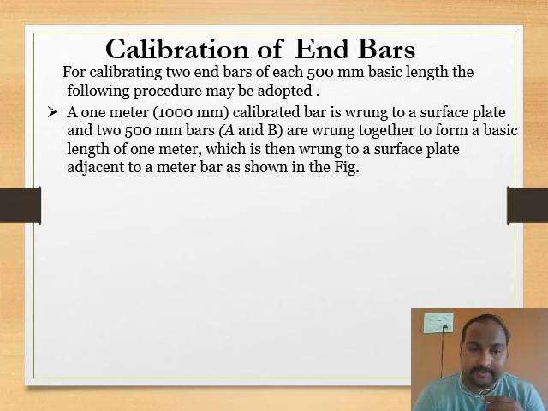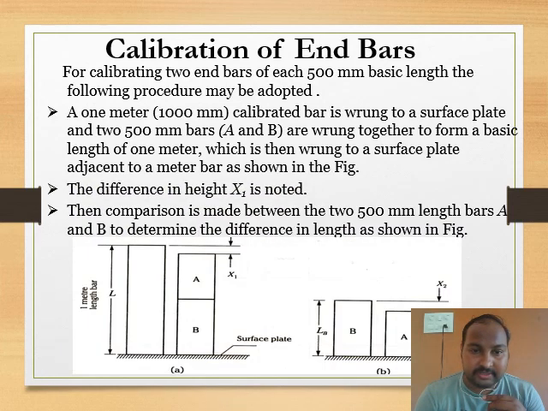Taking the first example, let me consider a 1 meter calibrated bar which is run to a surface plate, and it is used to calibrate the two end bars, each of 500 mm, to form a basic length of 1 meter. When two 500 mm bars A and B are run together, it becomes equivalent to a 1000 mm bar, which is then run to a surface plate adjacent to the meter bar.